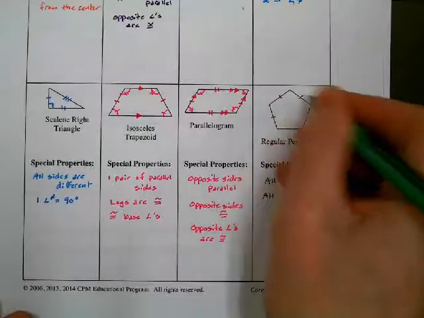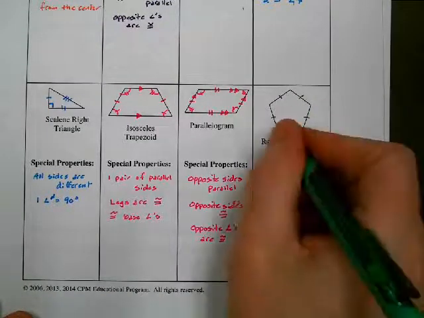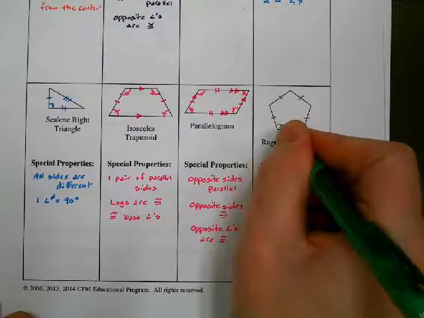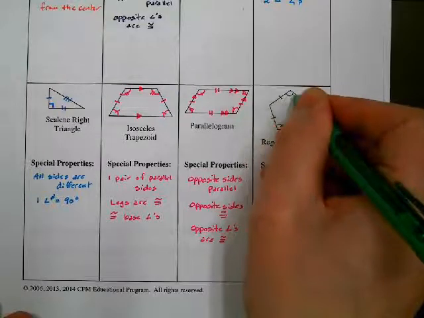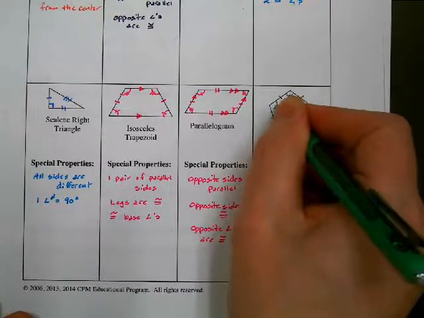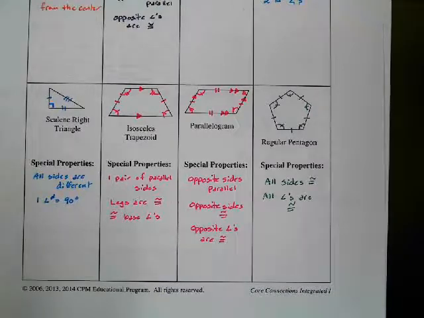And this angle, this angle, this angle, this angle, and this angle, those would all be congruent. All right, so this is a nice thing to keep around to help you remember the different properties for all of our basic shapes. Let's get back to our notes and finish them up.